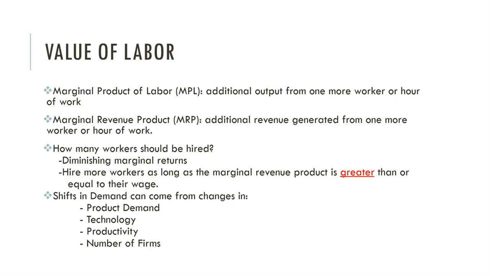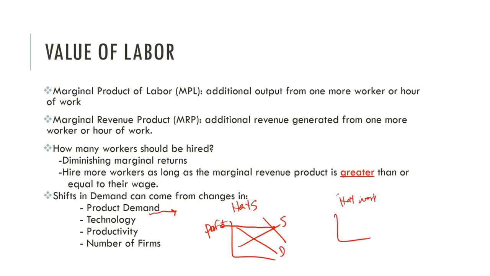So, for instance, if my product demand is increasing, let's say I sell hats, and the demand for hats goes up, I am now making more money, more profit per hat. When we look in the market for hat workers, now my demand for hat workers is also going up because I need more workers or more hours of work, which causes wages to go up as well.